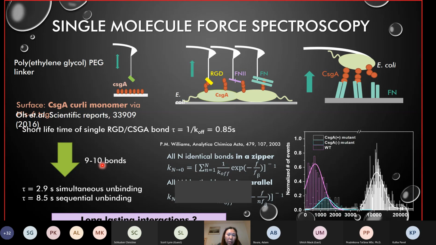And from the kinetic off rate we calculated from the previous fitting with the single energy well model, we can also calculate the lifetime of our molecular bond, which is about 0.8 second. And when we apply the 9 to 10 bonds, it finally leads us to about 3 seconds, which means all molecular bonds disrupt simultaneously, or the behavior is sequential, like one-by-one detachment.